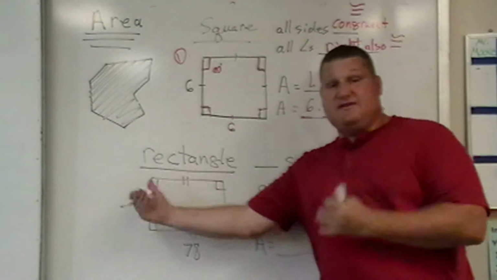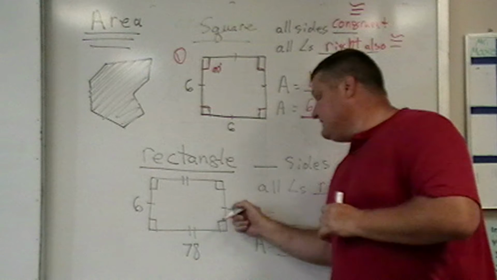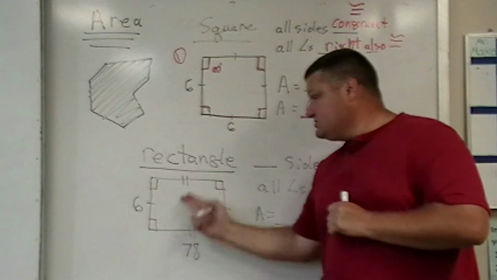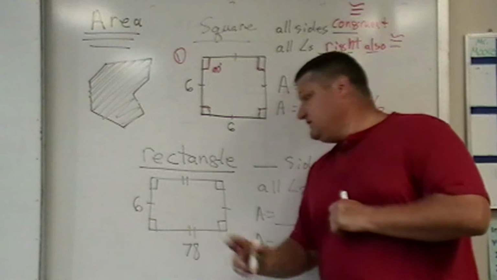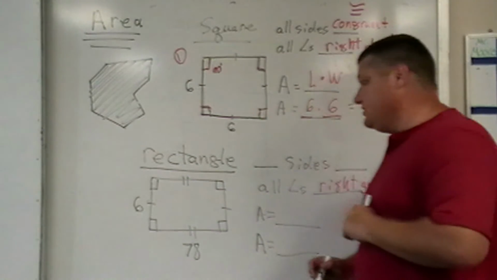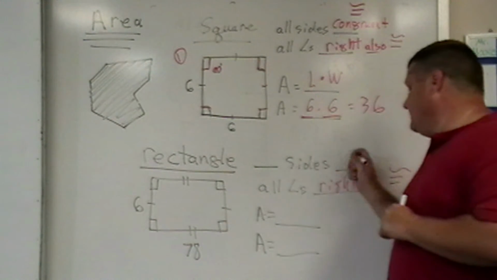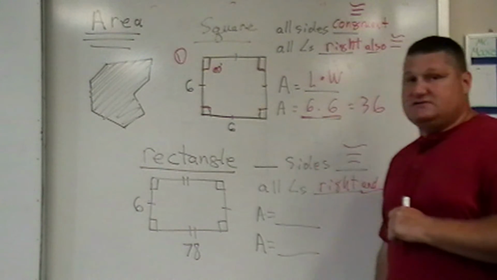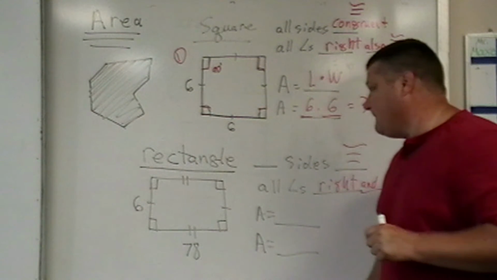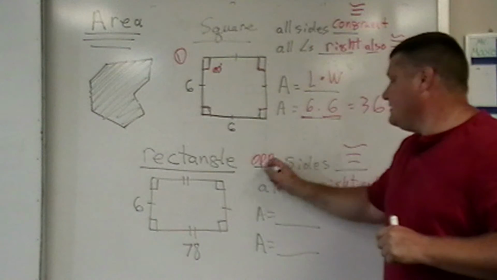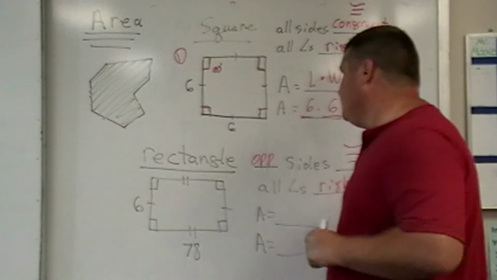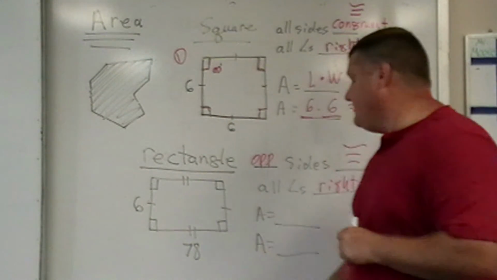But you'll notice there are different dimensions because this and this would be congruent because they have the tick marks. But this double tick mark and this double tick mark mean these two are congruent. So we would say what sides are congruent? That's the next blank in your form. Opposite sides congruent, okay? Opposite sides congruent.